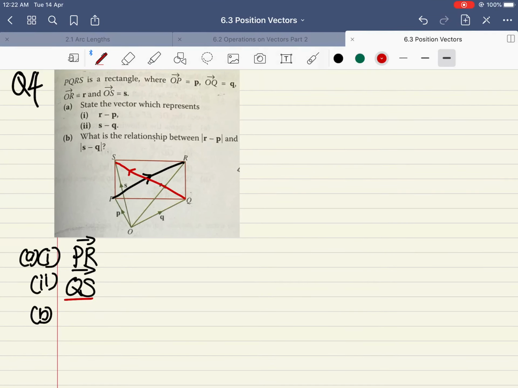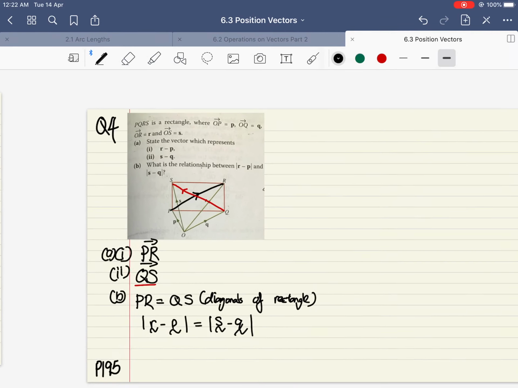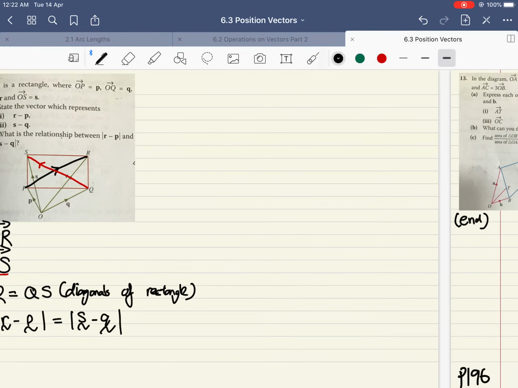They will have the same magnitude, the same length, so to speak. So the statement I can make here is that PR equals QS because they are the diagonals of a rectangle. We know that the diagonals of a rectangle have the same magnitude. So therefore I can conclude that the magnitude of R minus P is equal to the magnitude of S minus Q.